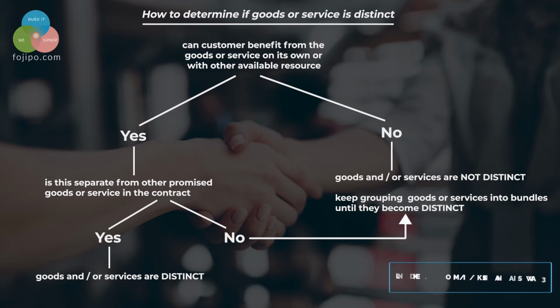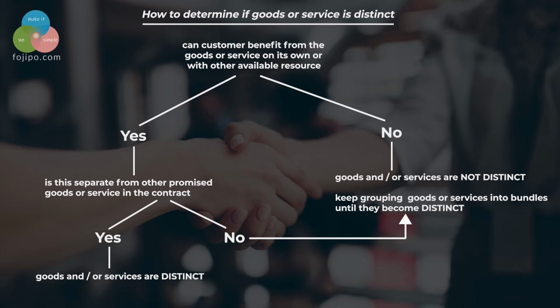It is possible that you may end up combining all goods and services as a single performance obligation in the contract. So, the crux of the story is that you must identify each distinct performance obligation in the contract, regardless of whether specifically agreed in the contract or implied by customary business practices, stated policies, and so forth.